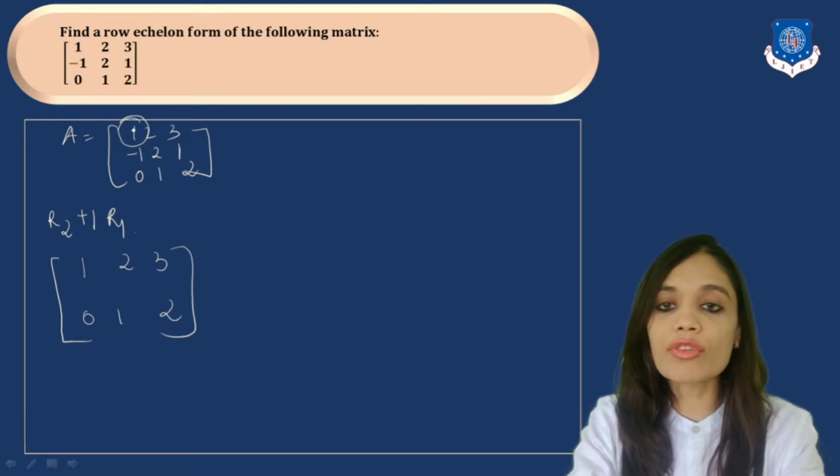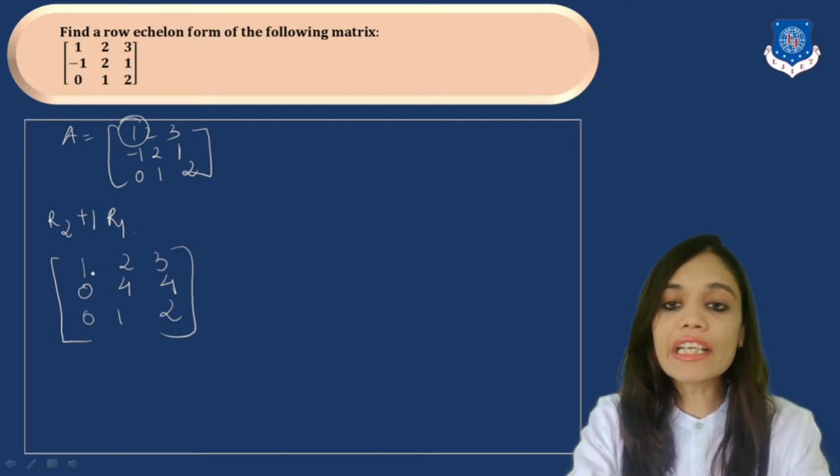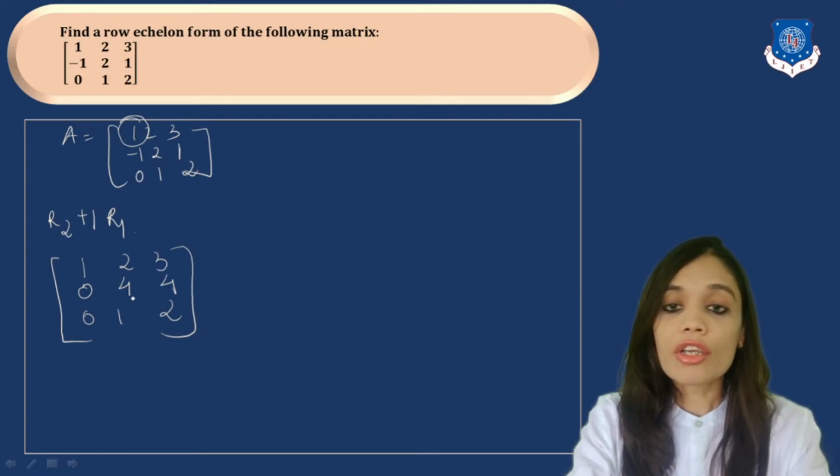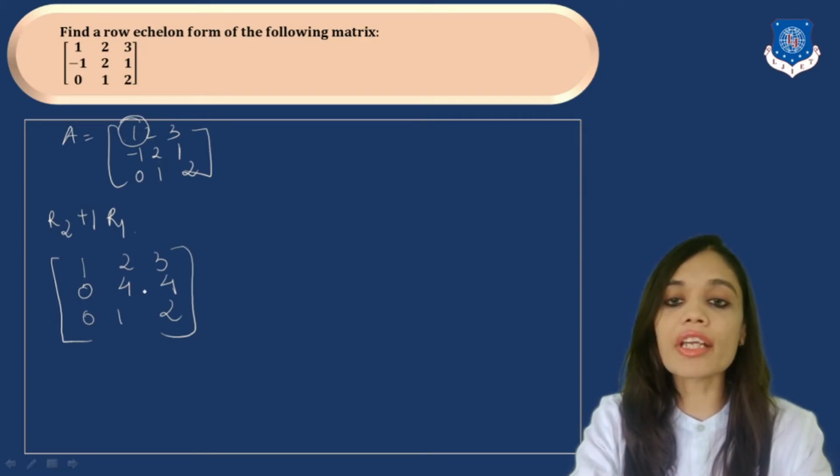Now you just have to add R2 and R1. What will you get? -1 plus 1, you will get 0. 2 plus 2, the answer is 4. Next, 1 plus 3, the answer is again 4. Now the next leading one appears to the right and below the leading one of the preceding rows. That is, we need to form a leading one over here using only elementary row operations.